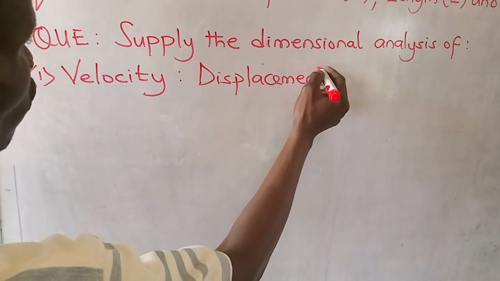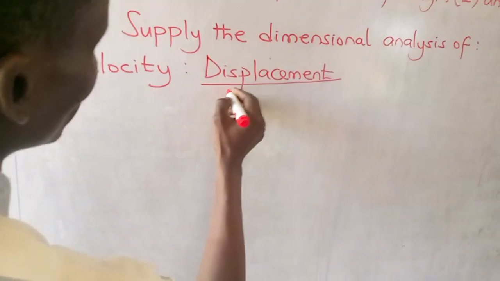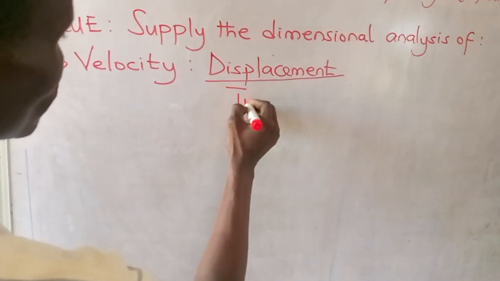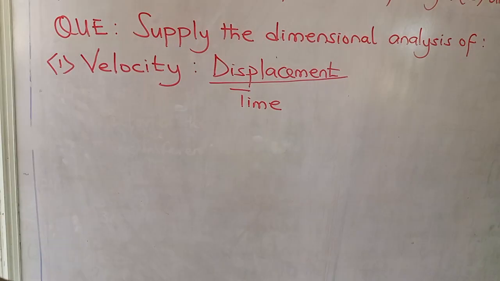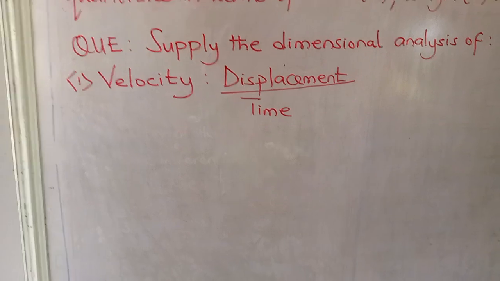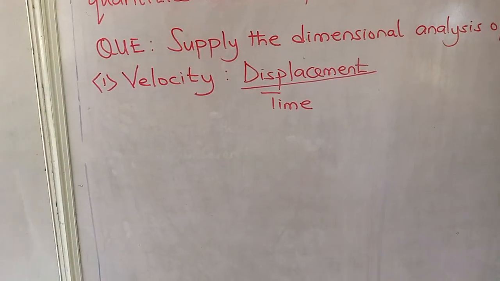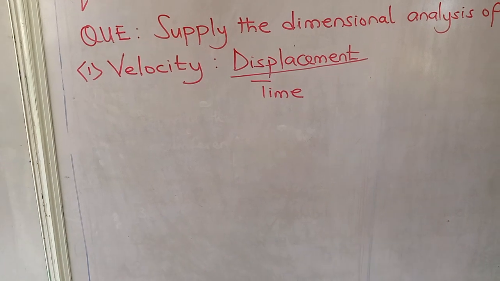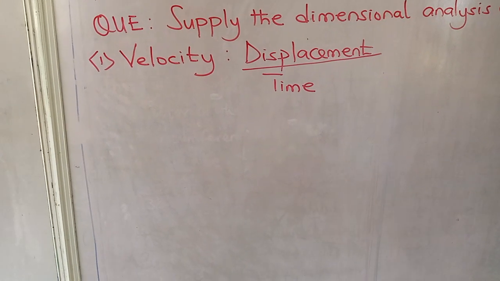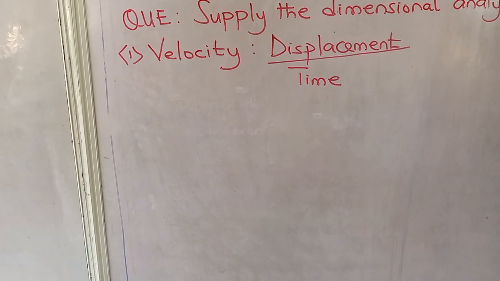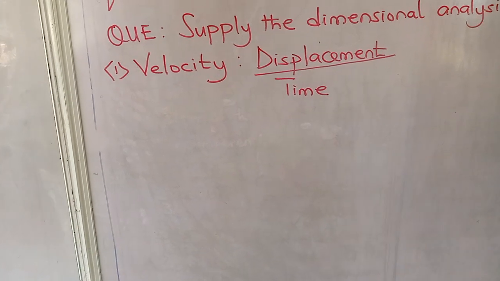Displacement over time. Now, displacement is distance in a specific direction. So displacement is a form of distance. So we are talking of length. So distance from any direction speaks of length.